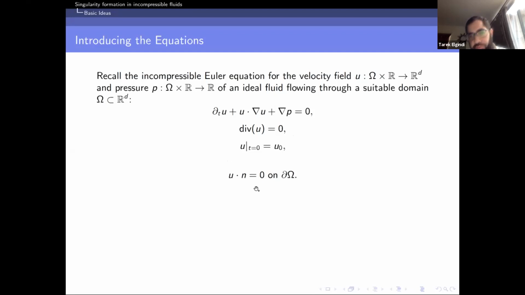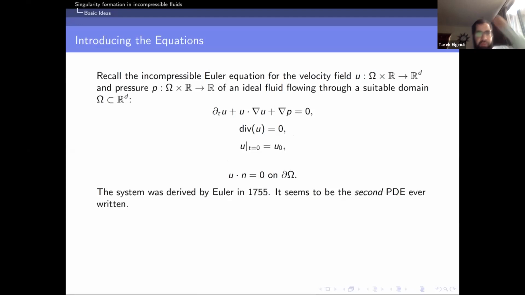You don't prescribe the velocity on the boundary, you just prescribe that it be tangent to the boundary, so that the particles cannot escape the domain. This is a very old system. It was derived in the 1700s, and it seems to be the second PDE ever written.